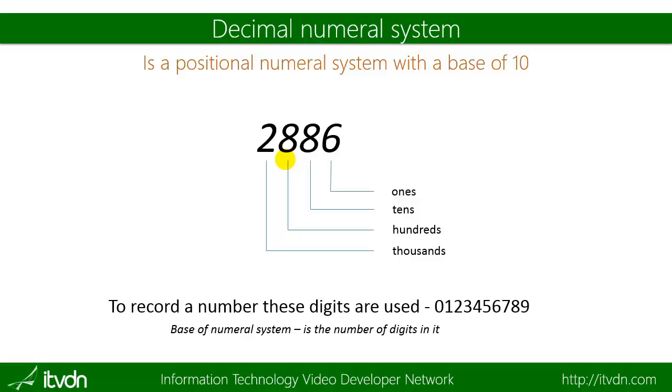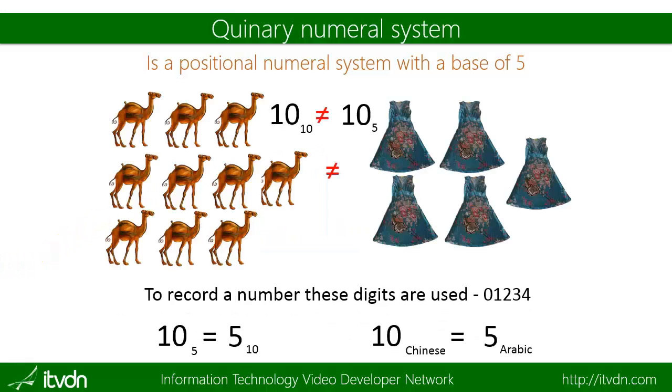Let's take a look at a different numeral system and see the difference between the decimal numeral system and the other one. Let's look at the quinary numeral system. The quinary numeral system is also a positional numeral system, but this time with a base of 5.